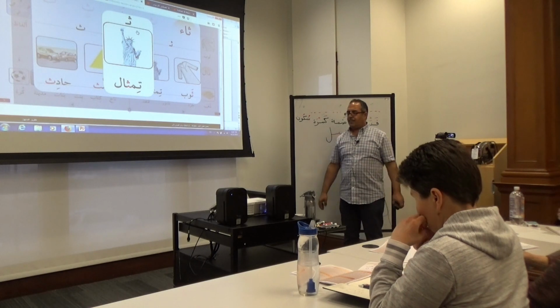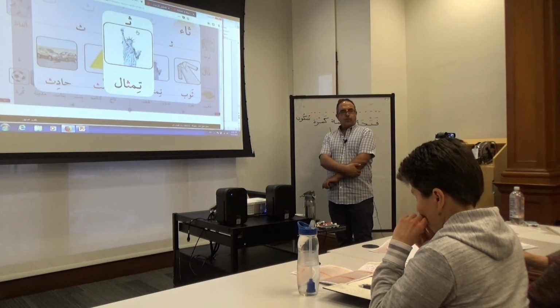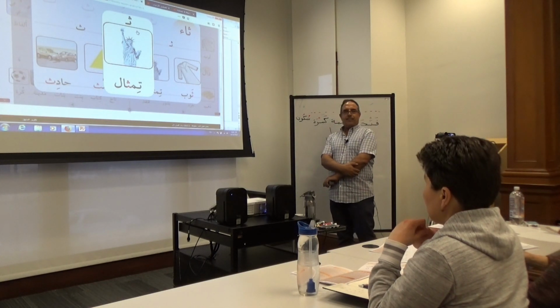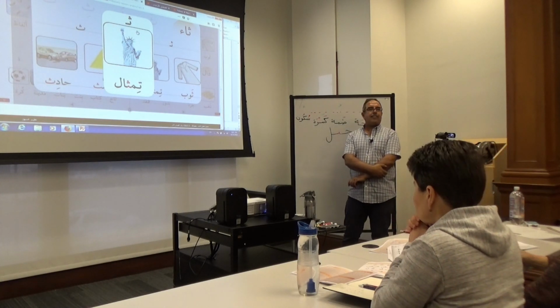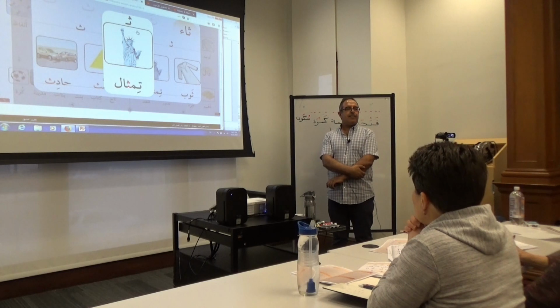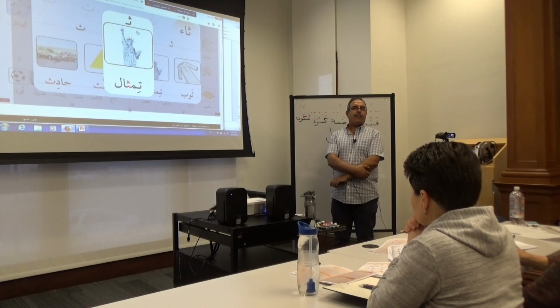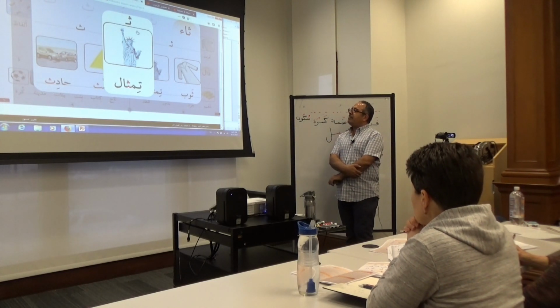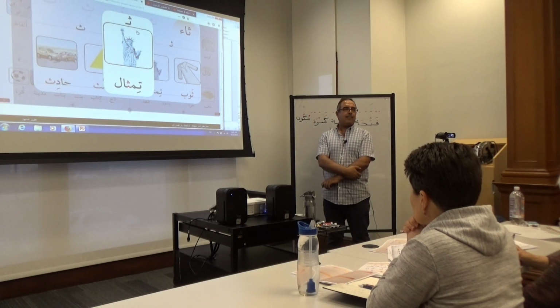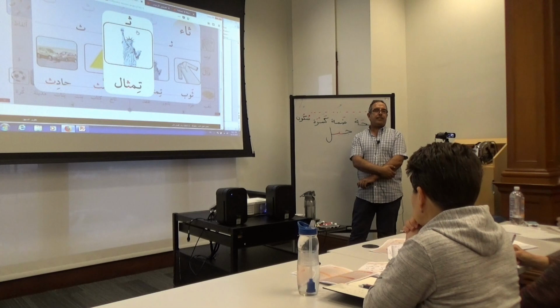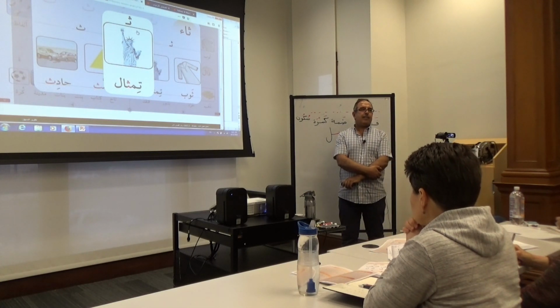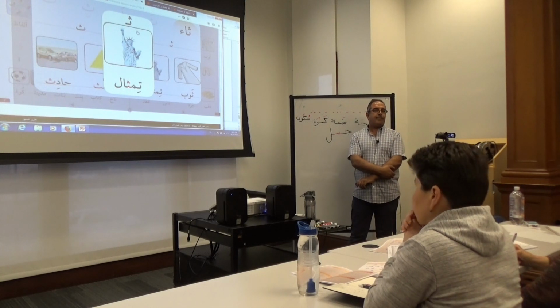This is, yeah, that's a longer word. Let's see if you guys can handle this one. Is it ta or t? So it's not ta, it's t. Then what? Meem, right? So we have together is what? Tim. Like the name, Tim.